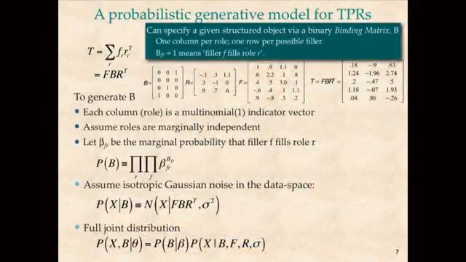They aren't. Okay, so we're doing a generative model. This is just a formula that describes what it is we're generating in terms of something more basic. To generate a binding matrix, which determines what particular combinations of fillers and roles we have in a given instance, we note that each of these columns in the matrix B is an indicator vector with one single one.